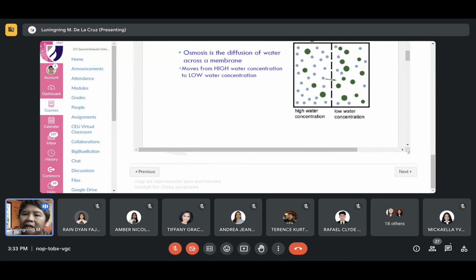Afterwards, you will notice that it becomes sturdy. Okay? The stem of the kangkong becomes rigid again, and the leaves come back to life, and the same goes for other green leafy vegetables. Why? It is because of osmosis.